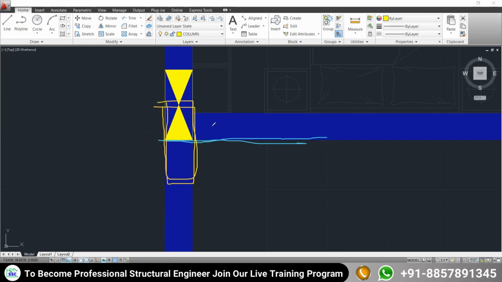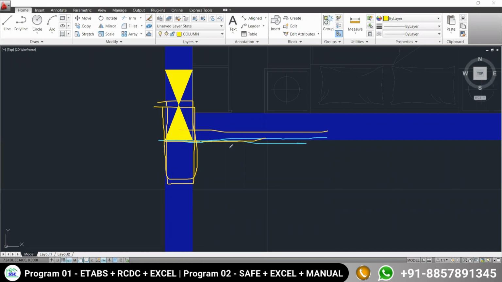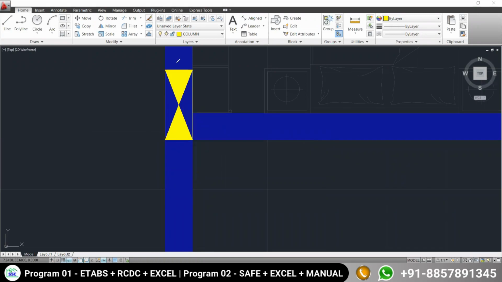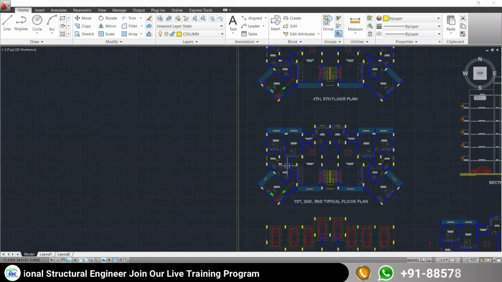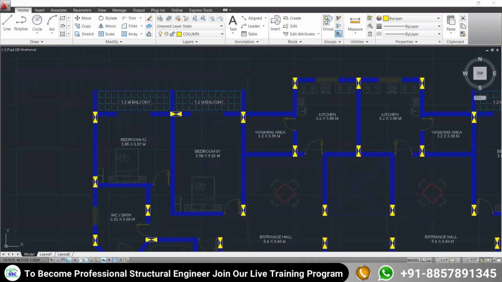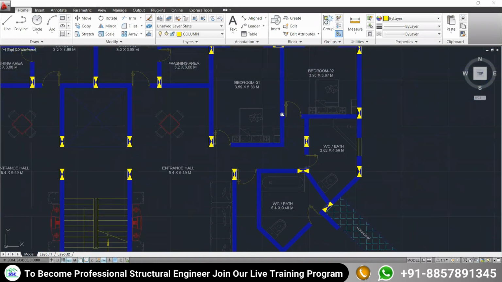Always one edge of the column and one edge of the beam will be flushed. Understood? Harry sir, have you got this? Yes, that is the concept.